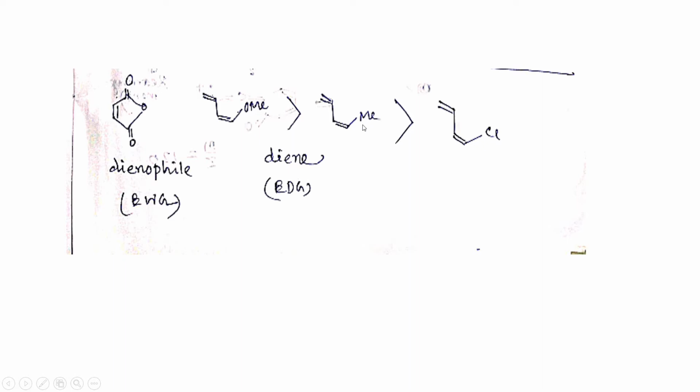You can see that among these three dienes, this diene contains an OMe group, which is mostly electron donating. After that Me, and after that chlorine is electron withdrawing. So we see the reactivity order accordingly.